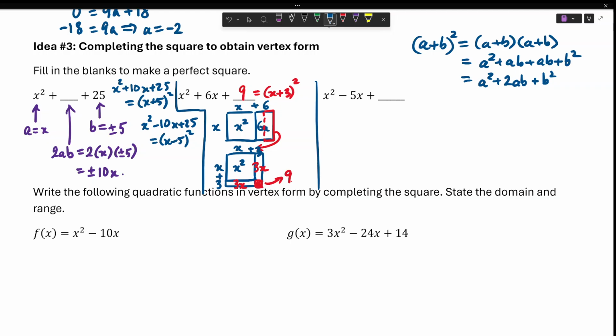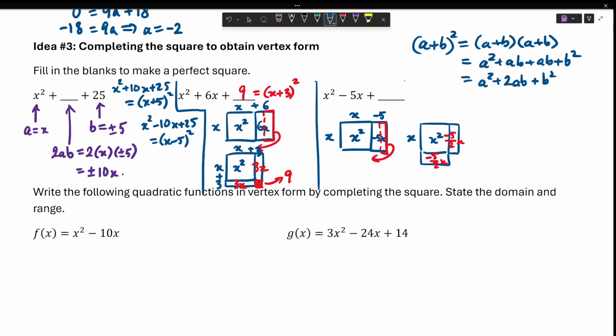Okay. Next example: x squared minus 5x plus some mystery number. We could draw the picture again. x squared, negative 5x. Dimensions are x by x plus negative 5. We're going to cut this down the middle and move it over here. This is going to be negative 5 halves x and negative 5 halves x.